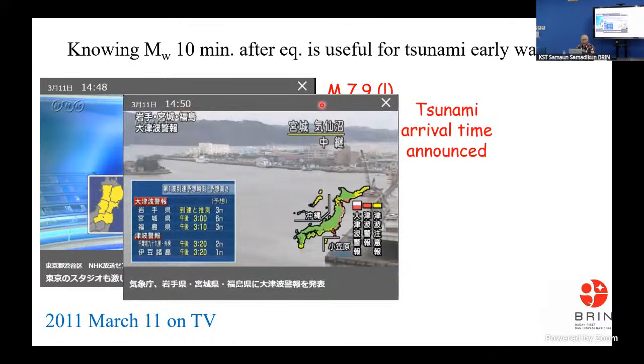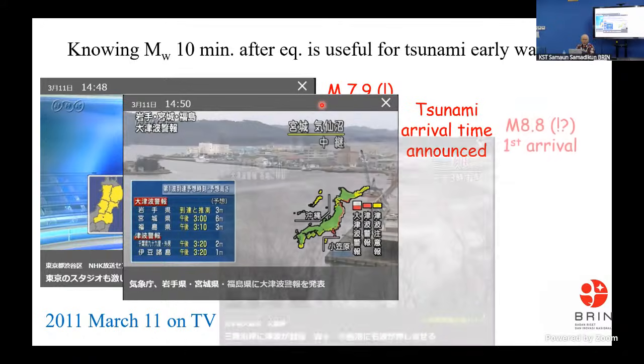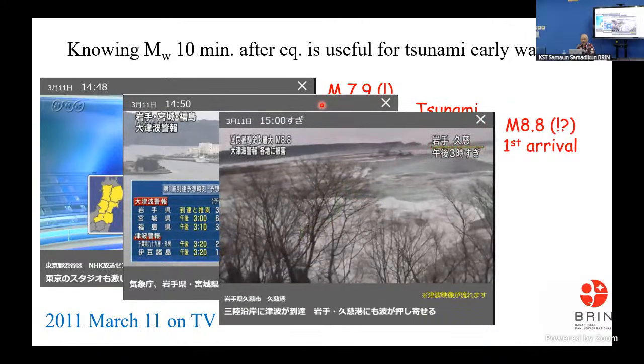And the tsunami arrival time was announced about 4 or 5 minutes after the earthquake, and they issued the alert. And the first tsunami arrived 15 minutes after the earthquake. Then the magnitude was revised to 8.8 here, but this is still underestimated.